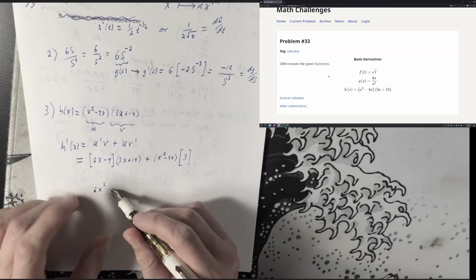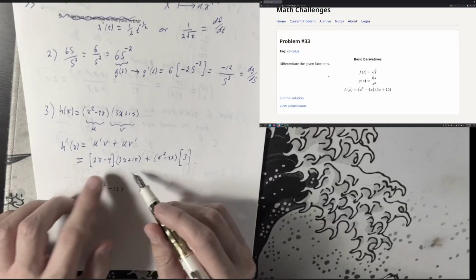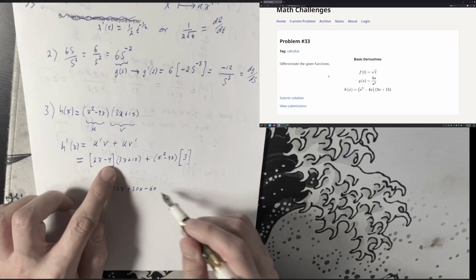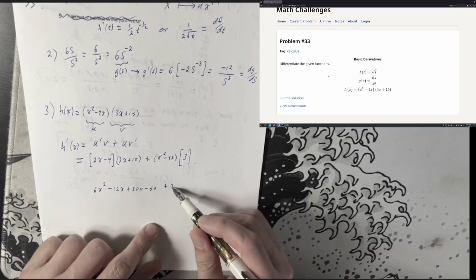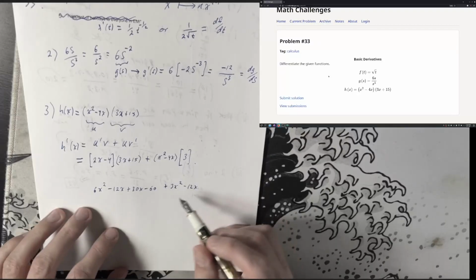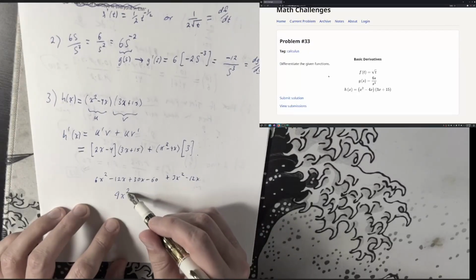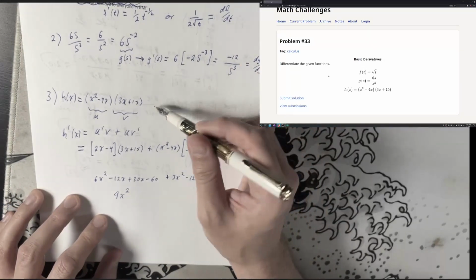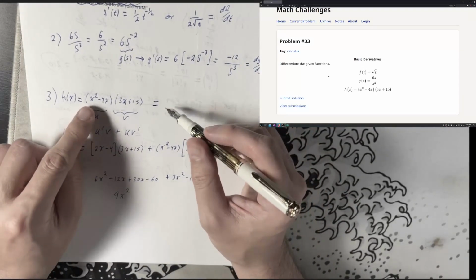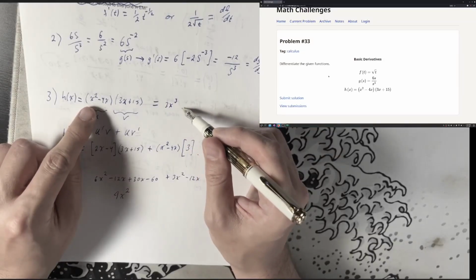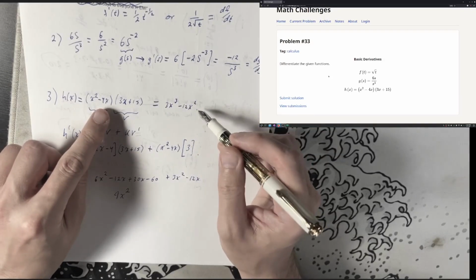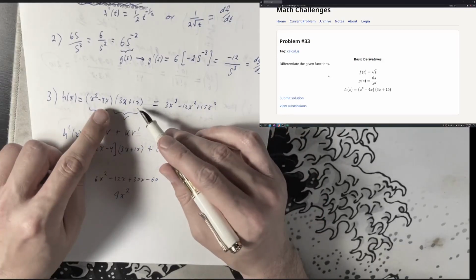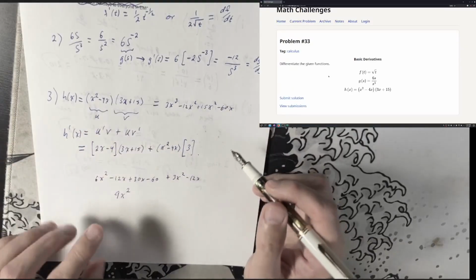But if you're just bored and you want to do this out, 15 times 2 feels like 30. 15 times 4 feels like 60. And then over here, we get 3x squared minus 12x. So I'm getting 9x squared. I mean, I don't know why I'm doing this, because the original function was not in some clean form, but what was the original function? 3x cubed minus 12x squared plus 15x squared minus 60x.